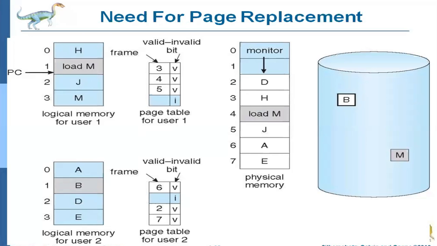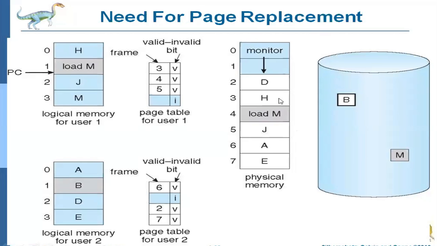So first it will check whether the main memory is free or not. If the memory is free, meaning any one of the frames is free, it will swap in the page required by the CPU into the main memory.